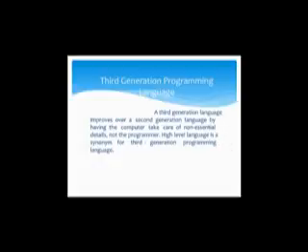The third generation language improves over second generation language by having the computer take care of non-essential details, not the programmer. High-level language is another name for third generation programming language.